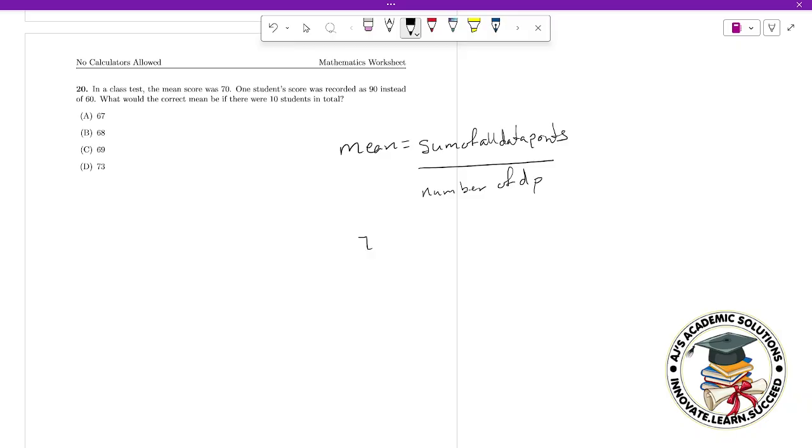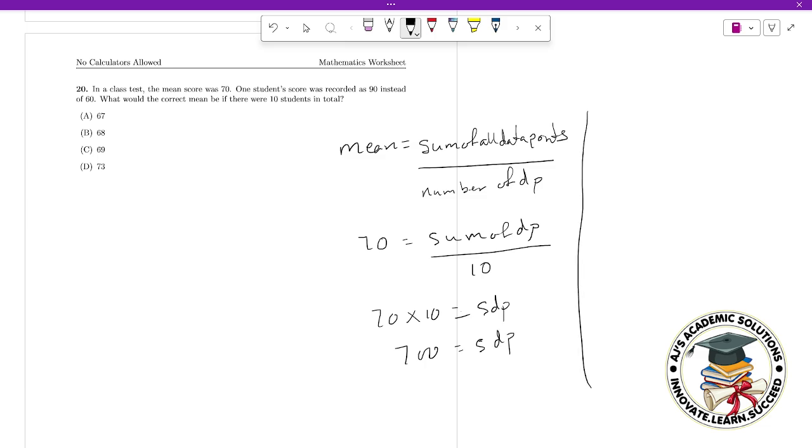The mean we're told is 70, we're looking for the sum of the data points, and the number of data points is 10. So 70 times 10 is the sum of the data points, so 700. Based on this information, the total score would have been 700.